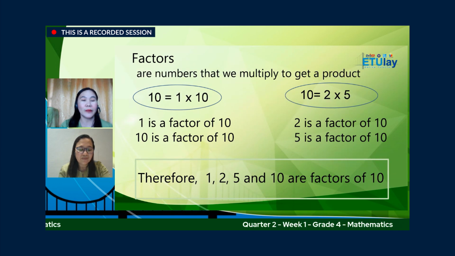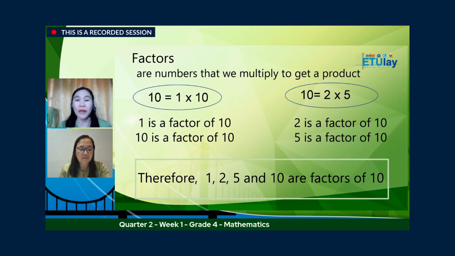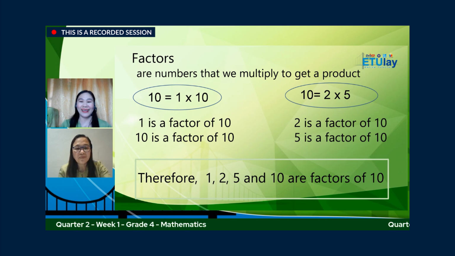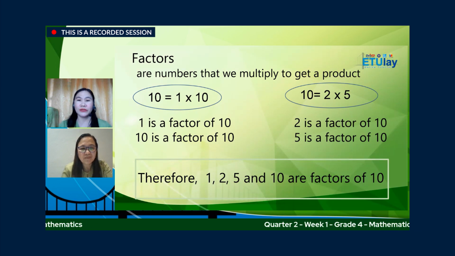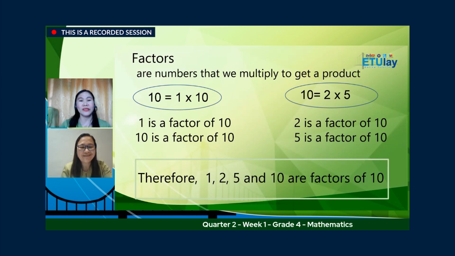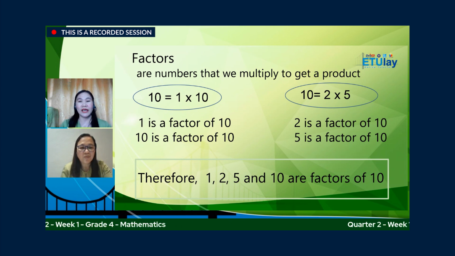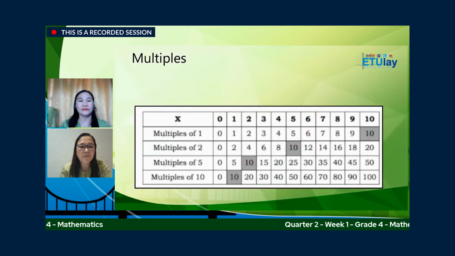Tandaan natin na kapag sinabi nating factors, these are numbers that we multiply to get a product. How about multiples? Tutor Wella, paano din natin gamitin ang multiples to check if the arrangement of the cards is correct? Sige nga, Tutor Wella, carry on.